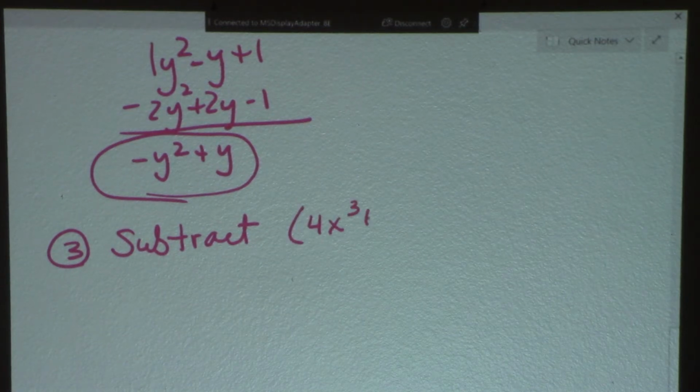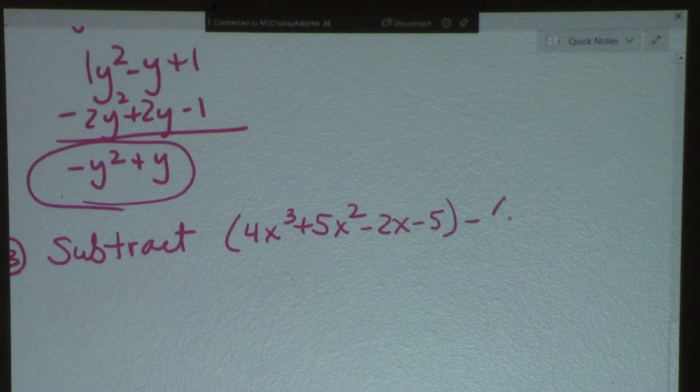4x cubed plus 5x squared minus 2x minus 5. Subtract 3x cubed minus 4x plus 2. Okay, now when you're writing this down, you might not notice it right away, but I want to point something out.